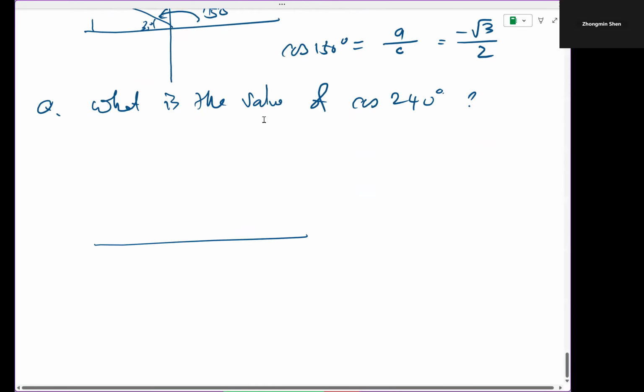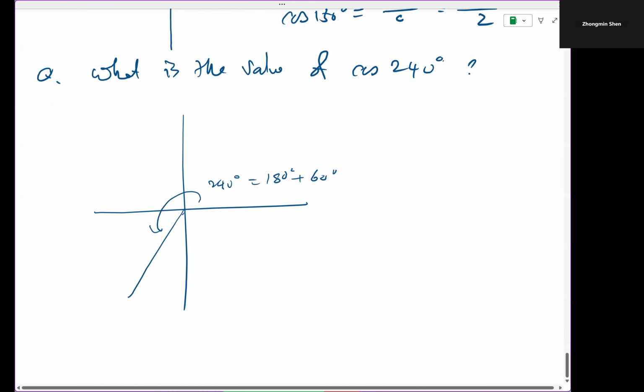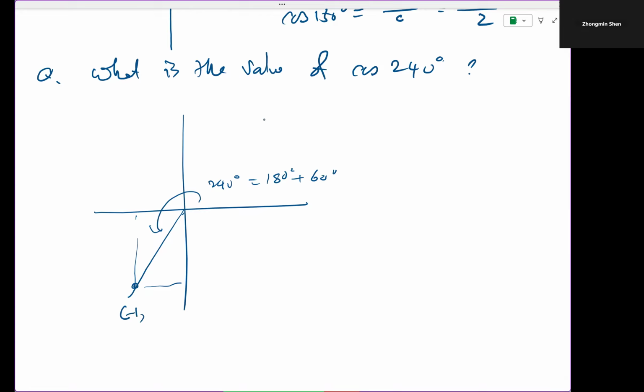So here's the angle. That will be 240 degrees, which is 180 degrees plus 60 degrees. You take a point, and the coordinates of this point, I think the first coordinate will be -1. The second is negative square root of 3.